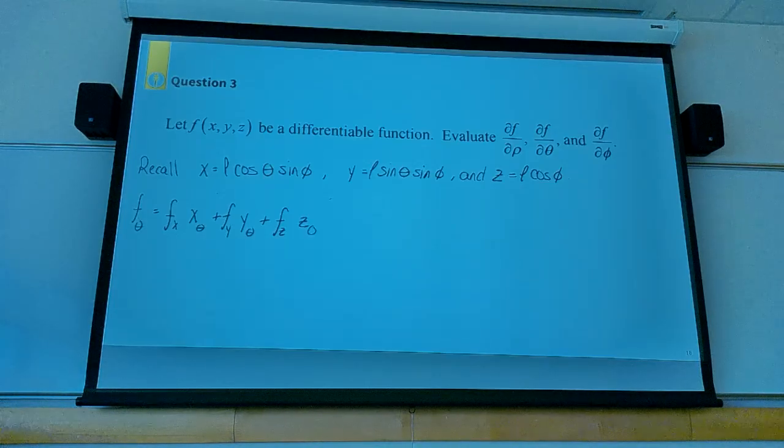With respect to theta, again, those partial f's are all going to remain the same. What is the partial of x with respect to theta?